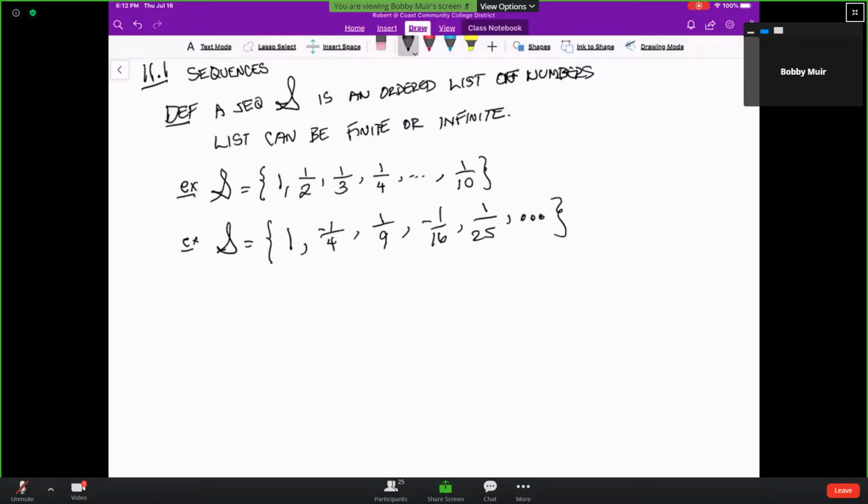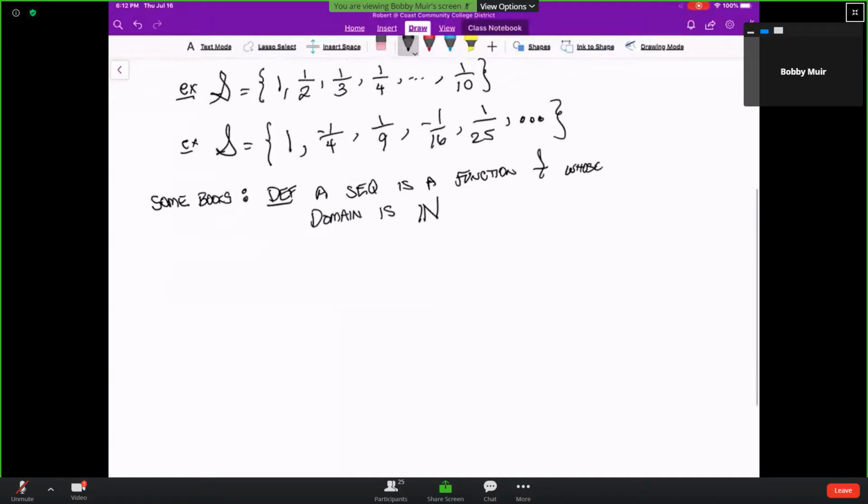Now some books define a sequence as a function f whose domain is the set of all counting numbers.